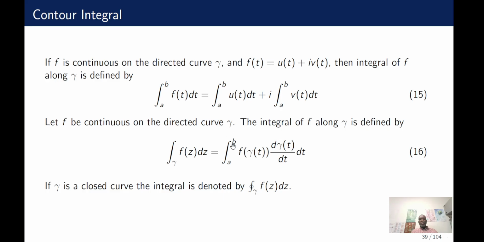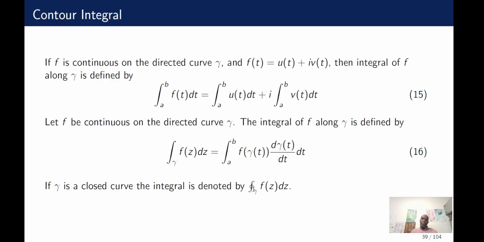So here we use a kind of chain rule integration. These two will cancel out, and you have the integral in terms of this. If it is closed, you have this integral. If the integral is closed, then you indicate it by a circle on the integral.